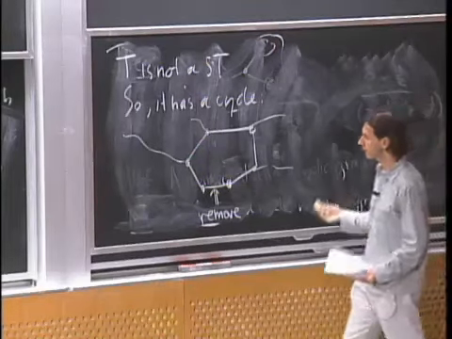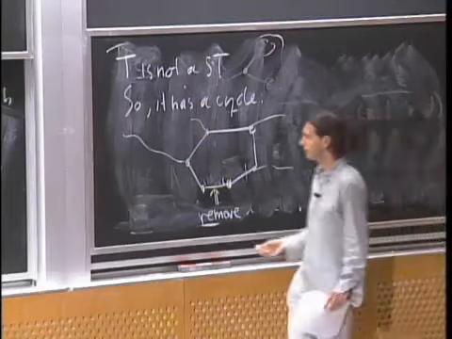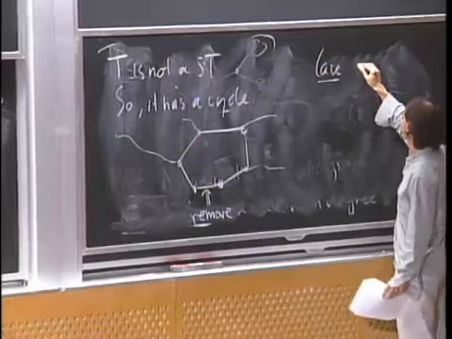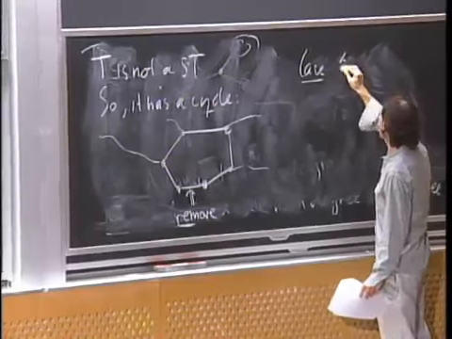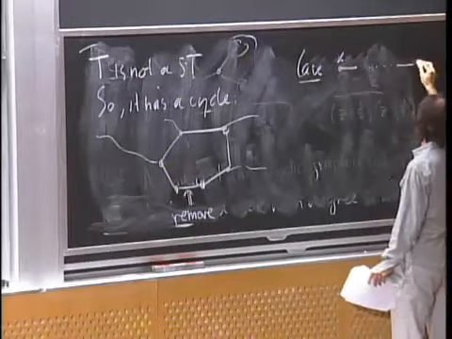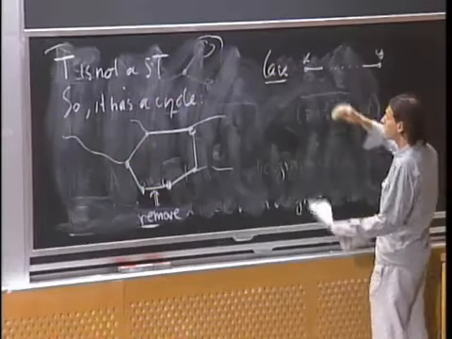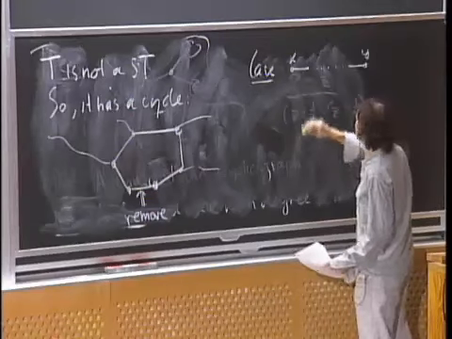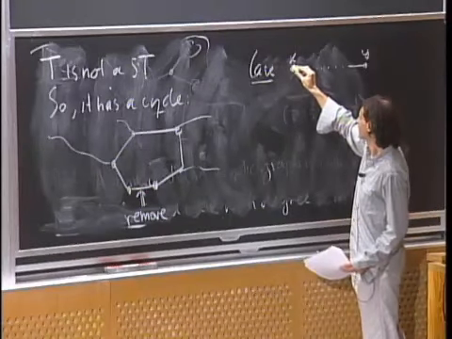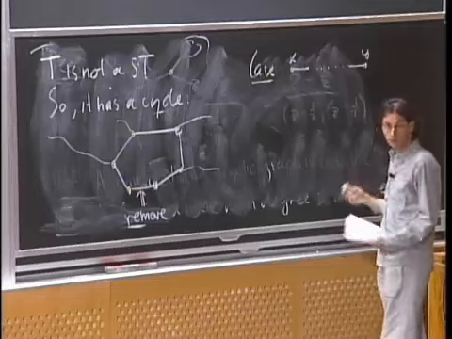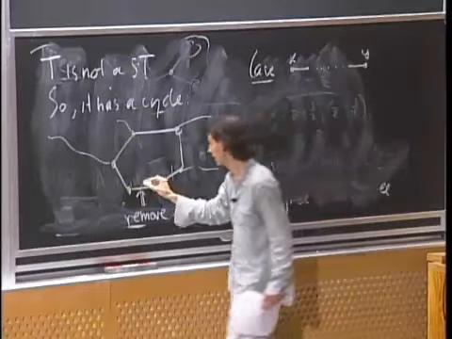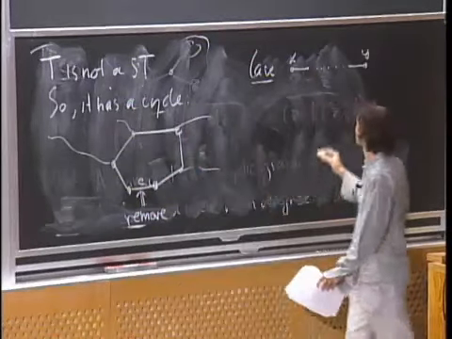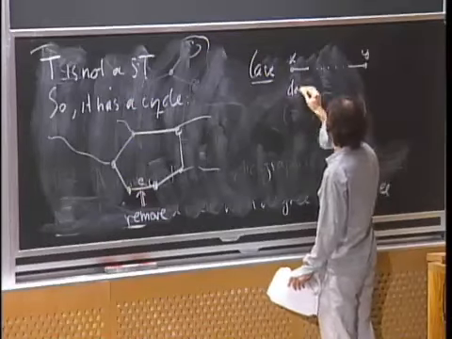Well, the first case would be if a vertex x is connected to y. So I want to take any pair x, y of vertices, and suppose that the path that connects x and y does not contain this particular edge e that I remove here.